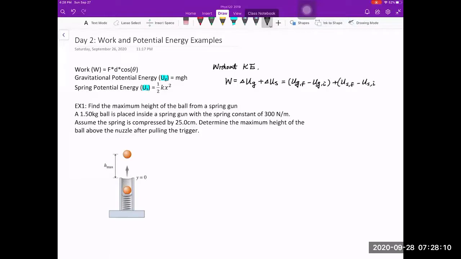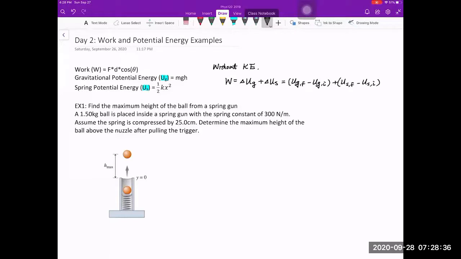Okay, we use a lot of subscripts, but I hope that you understand which symbol represents what. And if there's no work other than those conservative forces in the system, then the work will be equal to 0 as well. So those are the basic things that you need to know.